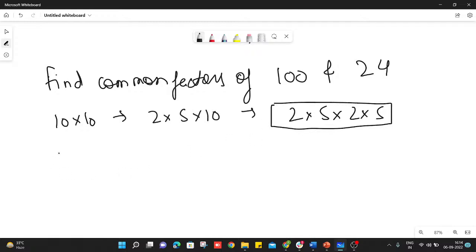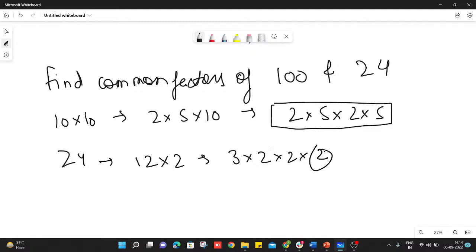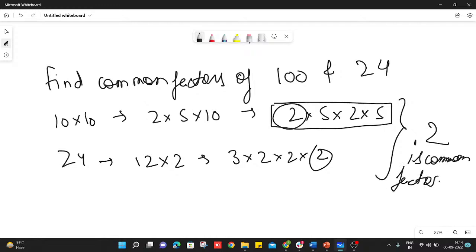Okay, the factors of 24: 12 times 2, and 3 times 2 times 2 times 2. Okay, so the common factor of 100 and 24 is 2, because we have 2 in both of them. 2 is common.